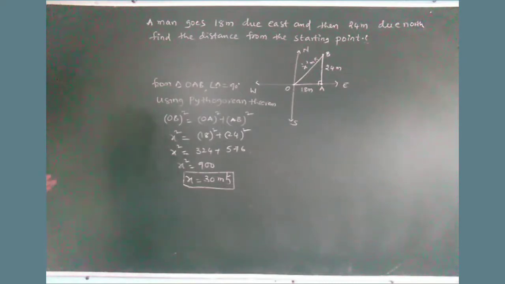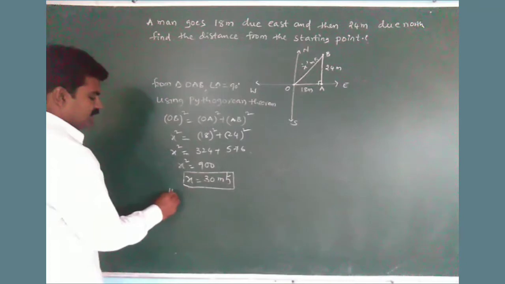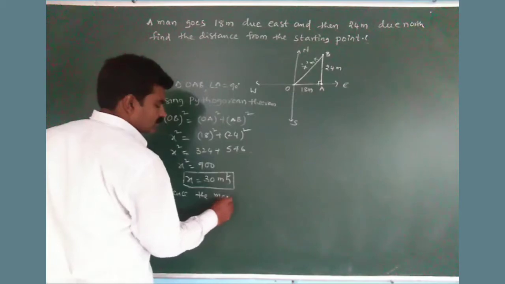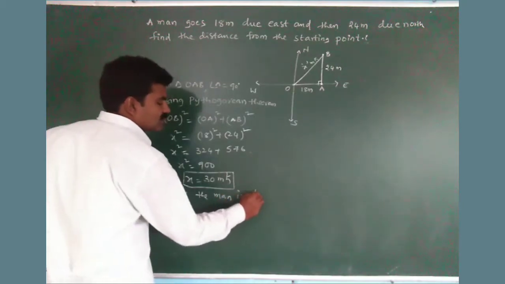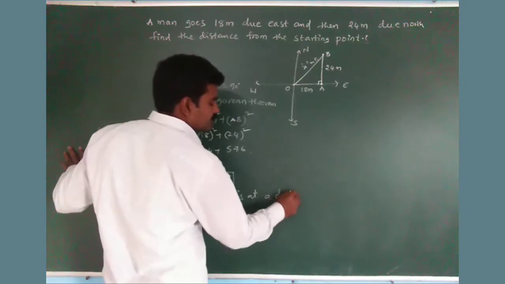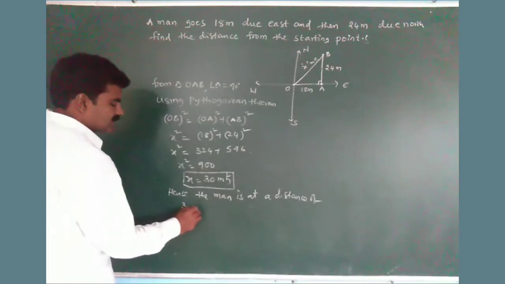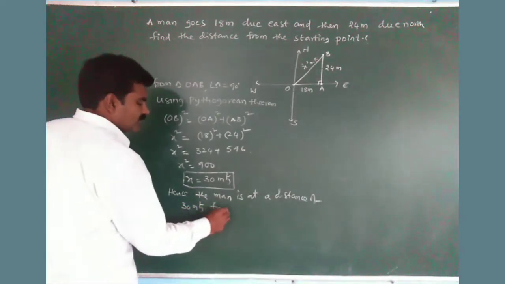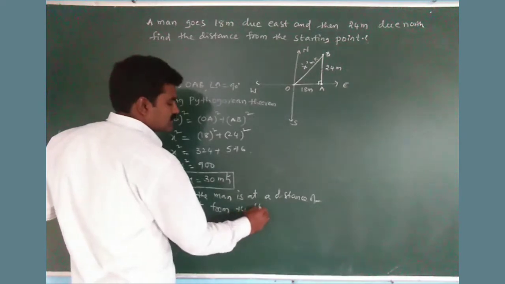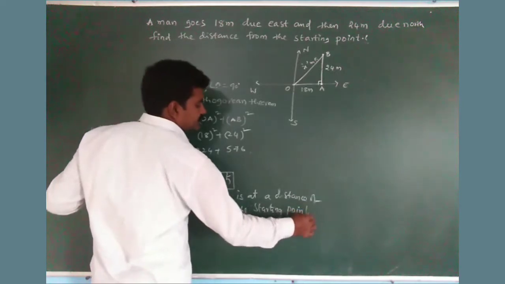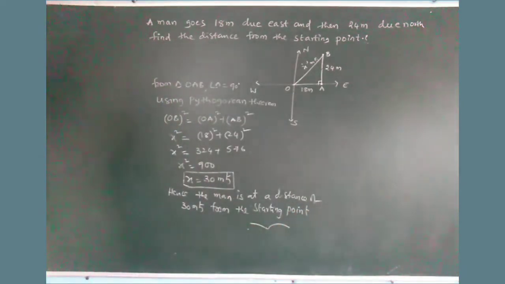Hence the man is at a distance of 30 meters from the starting point.